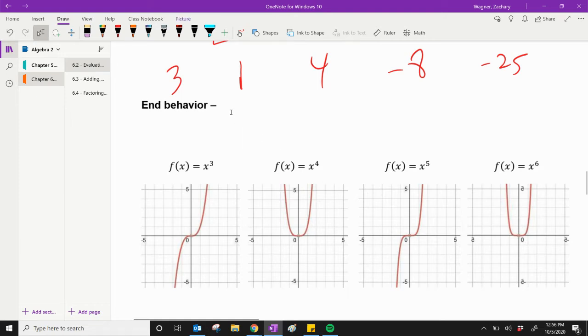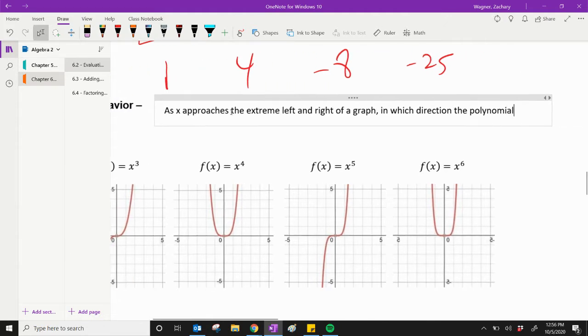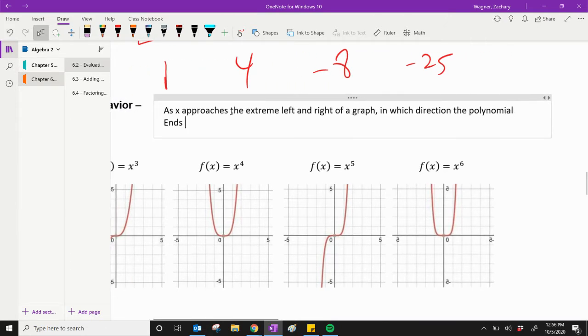The end behavior of any polynomial function is defined by, as x approaches infinity, or the extremes left and right of a graph, in which direction the polynomial ends up going.